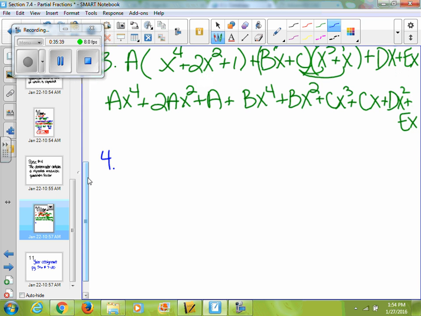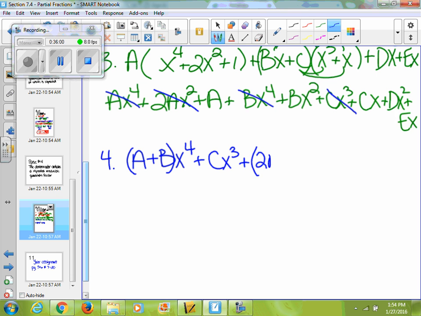Okay, so let's factor out what we know. So we have an Ax to the 4th and a Bx to the 4th. I have a Cx cubed, and that's my only x cubed factor. I have 2Ax squared and Bx squared and Dx squared.